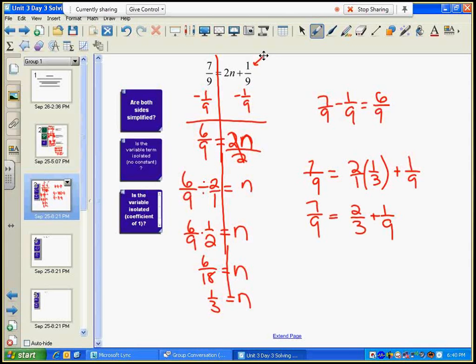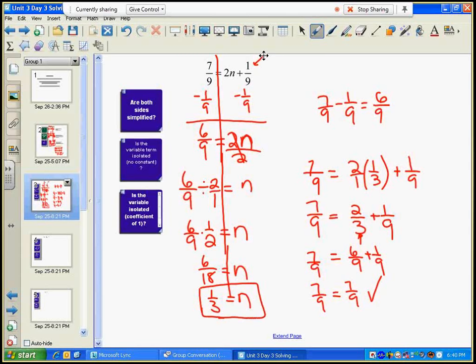Now I have to make a common denominator so I can add those. So 7/9 equals 6/9 plus 1/9, because 2/3 is the same as 6/9. I'm going to multiply it by 3. 7/9 is 7/9. Oh, checks out. So my solution is n equals 1/3.